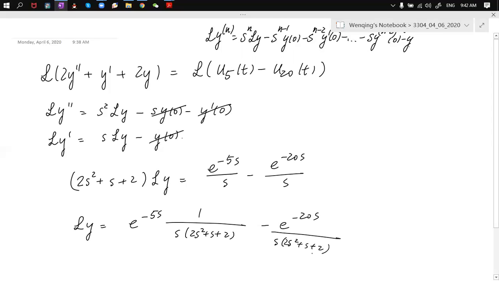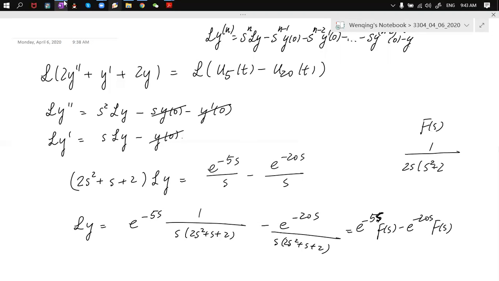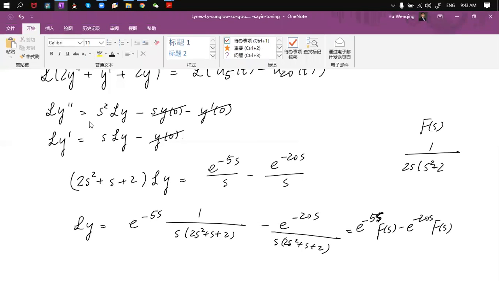So this is a typical situation. We can treat this as e to the minus 5s times capital F of s, minus e to the minus 20s times capital F of s. What you want to do is transform back. It is always good to write such a table.